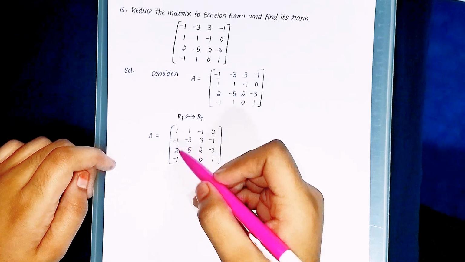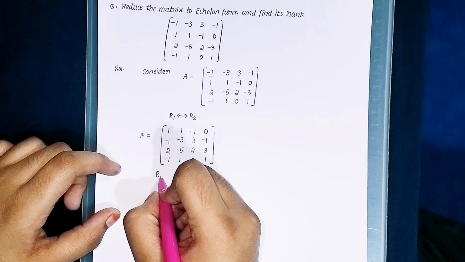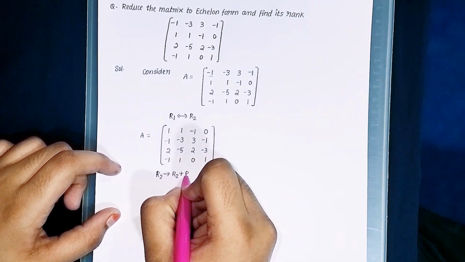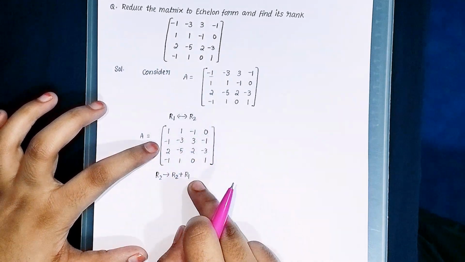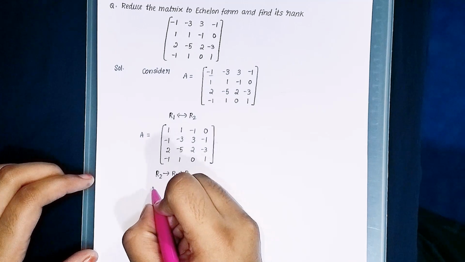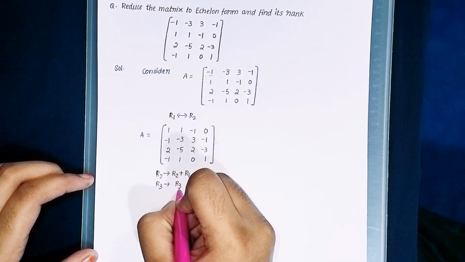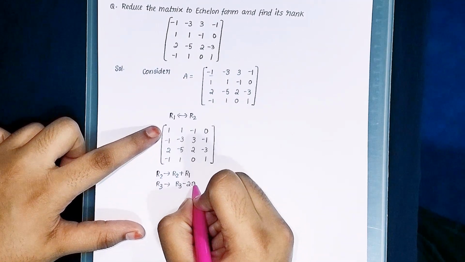So in the echelon form, only row operations are used. By using the row operations and the first row, first column number, we have to make zeros. In the first row we have 1 and in the second row minus 1, if we add both, we get 0. And in the third row, 2, by subtracting the first row multiplied by 2, we will be getting 0.